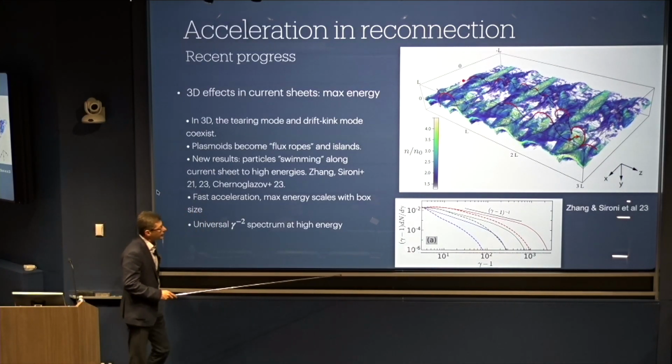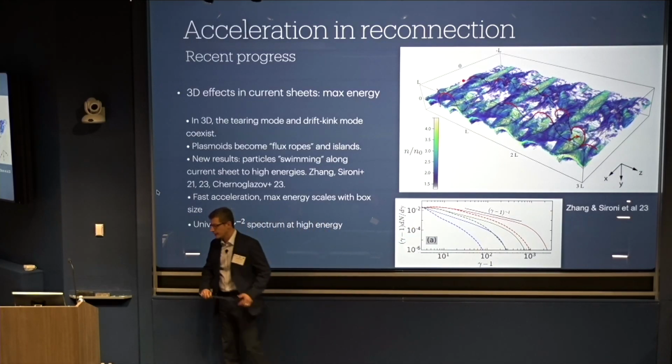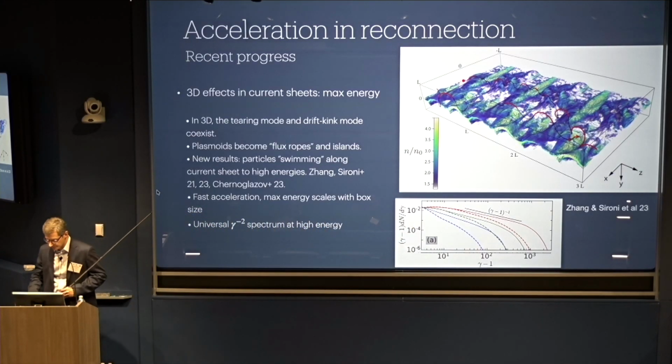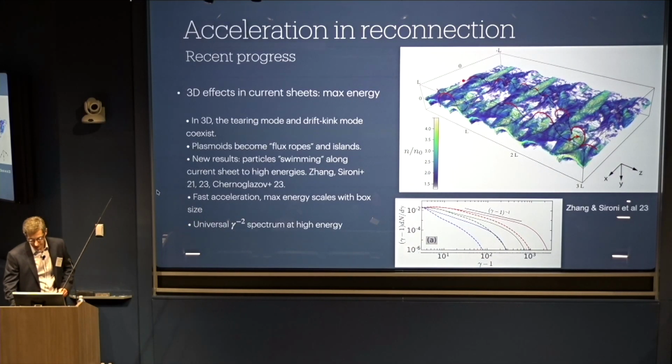And what's shown here is that between 2D and 3D, you get different spectra. So in 2D, the dashed lines, you get steeper spectra than in 3D. What you get is a roughly universal gamma to the minus 2 spectrum at high energy.